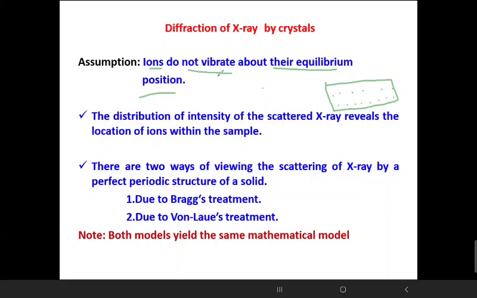Normally they are slightly vibrating. I think I discussed this in the course of oscillation and AC theory. Am I right? I think so.